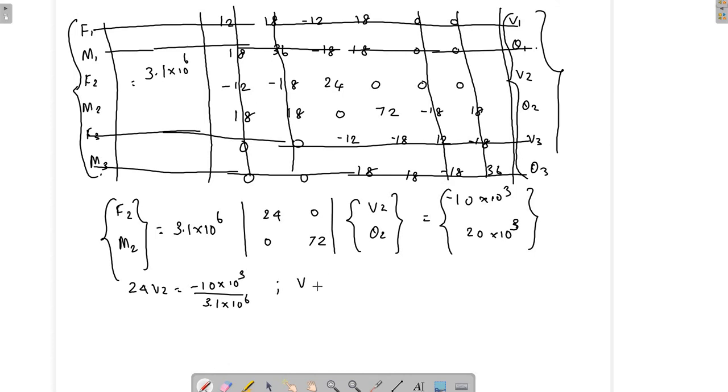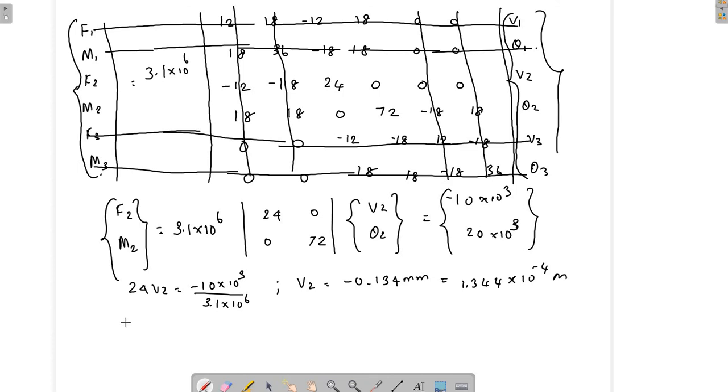So this will lead to the value V2 equal to minus 0.134 mm, or otherwise we can keep it in meter itself, 1.344 into 10 power minus 4 meter.